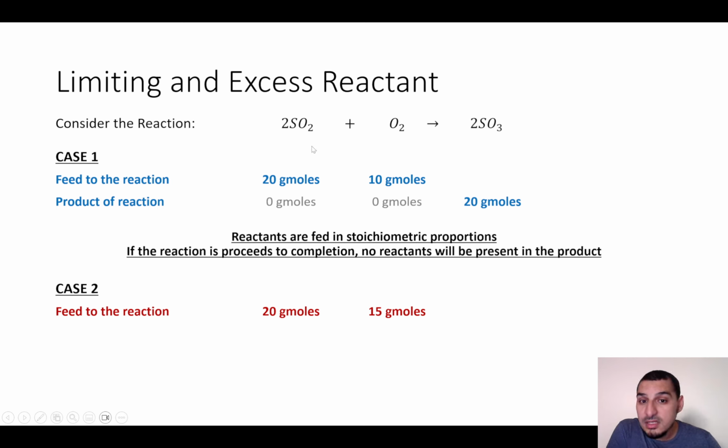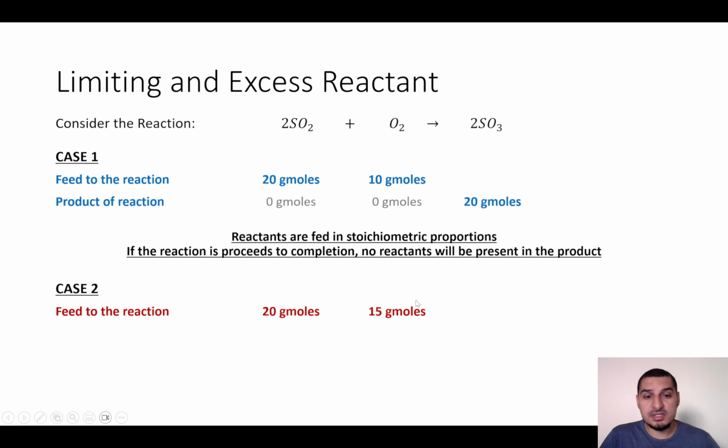It doesn't necessarily mean that what I'm going to feed to the reaction is with the ratio of 2 to 1. So what we have here is not a special case, but it's not a general case. The general case is something like this, that we feed the reactants, and the ratio between the reactants is not the same as the ratio between the stoichiometric coefficients.